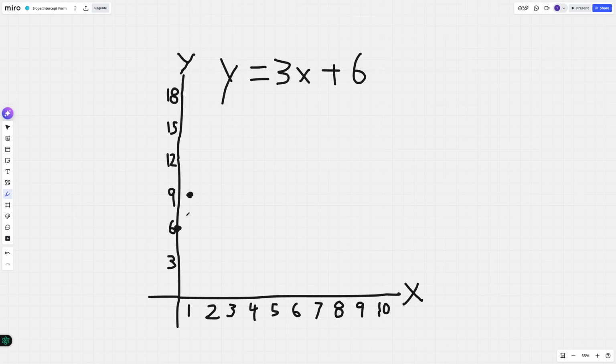And then another hour, you'd have $12. And then it would go up to 15, and then 18. And as you do this, you can just draw a straight line. I know my line's not the straightest, but it's supposed to look like this. And then it would keep going on forever for how many hours there are.